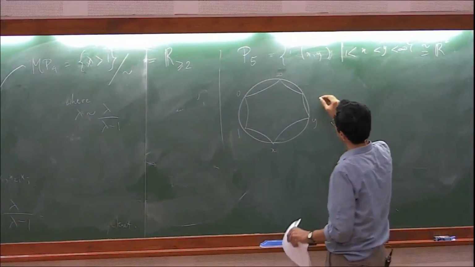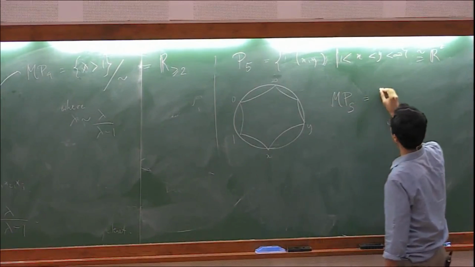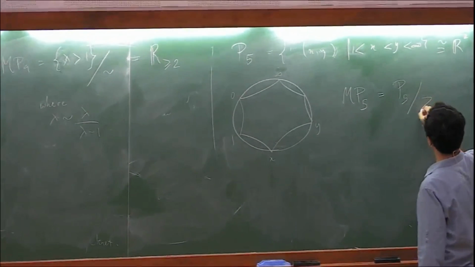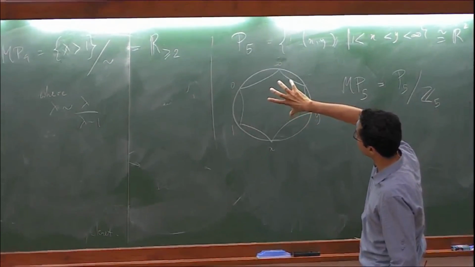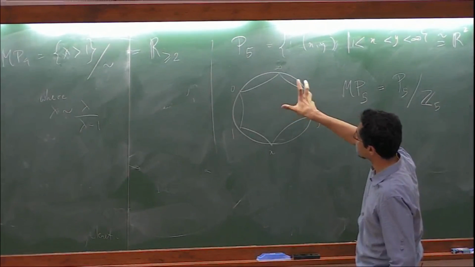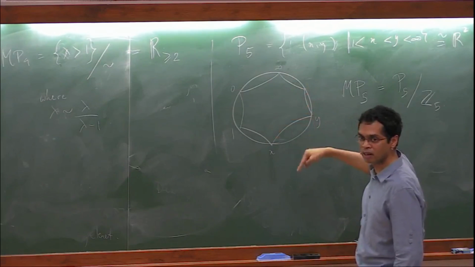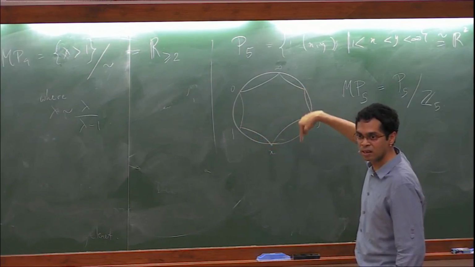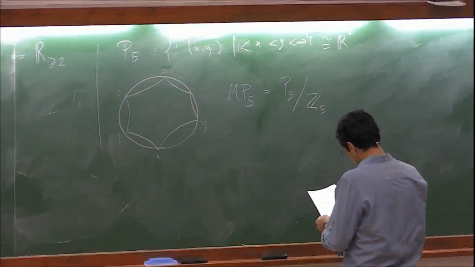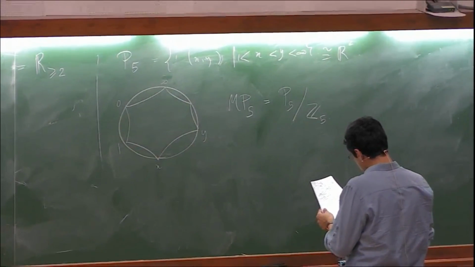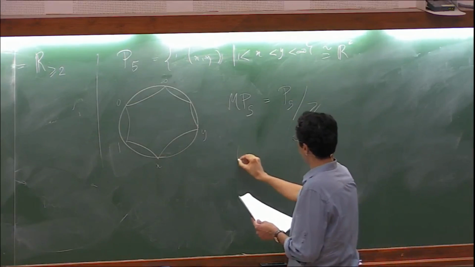But now if you look at the moduli space, this is P5 quotiented with a cyclic action of Z5, because the labelings can differ by choosing your starting point, choosing x1 to be different, and then labeling the others according to the order in which they appear on the circle. So let me tell you what pairs this identifies.